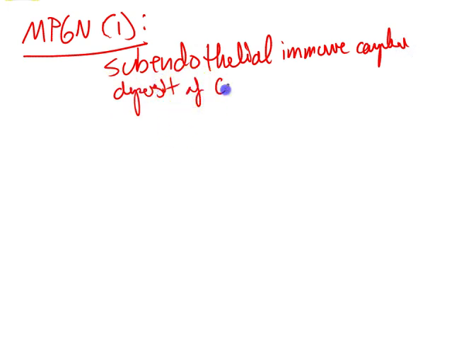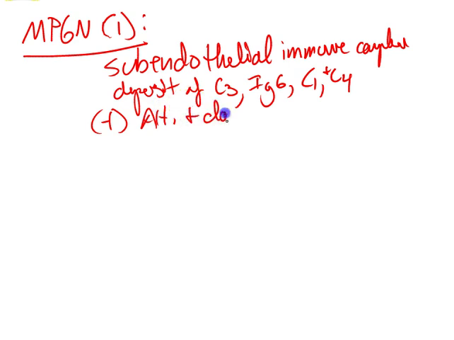Of C3, IgG, and early complement components C1 and C4. All right, it also activates both classical and alternative complement cascades. I want you to know that right there. Activates alternative and classical pathways. This right here, guys, I'm sorry, it's just straight up memorization.